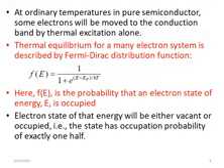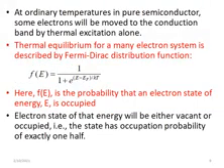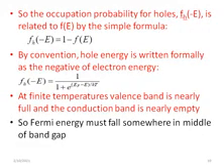Okay, so by convention, the hole energy is definitely the negative of what? The electron energy. Here we have exponential (E minus EF), and when we take the negative of that, it will be EF minus E.